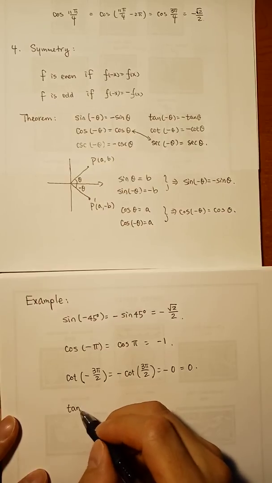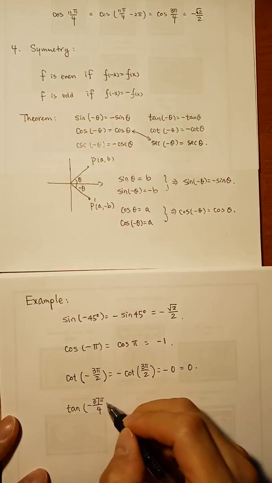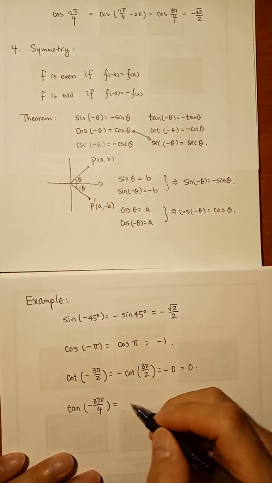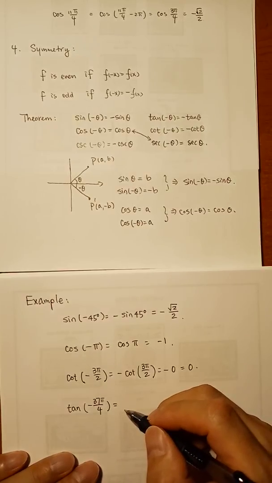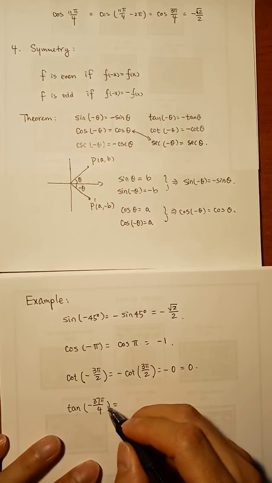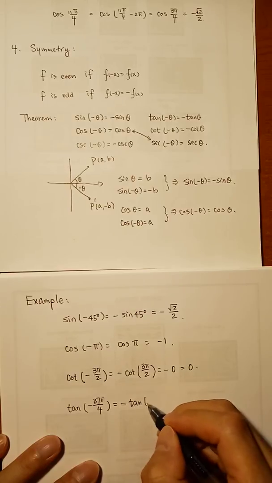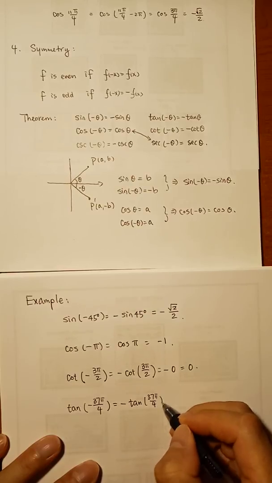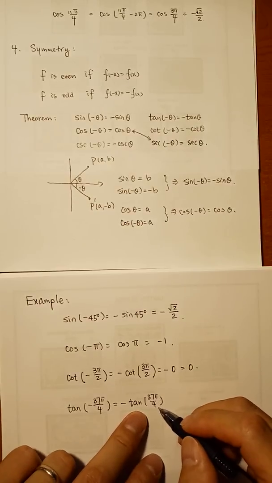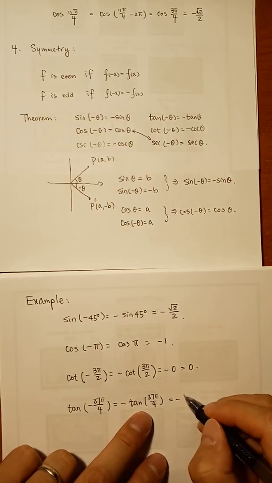And tangent of negative 37 pi over 4. Wow, it's a huge number. Whatever, you first move the negative sign forward, you get negative tangent of 37 pi over 4. It's an odd function. And 37 is 32 plus 5 pi, so it's a negative tangent.